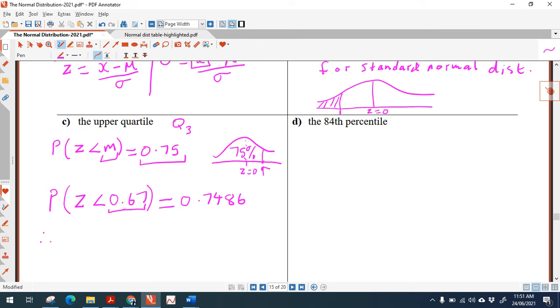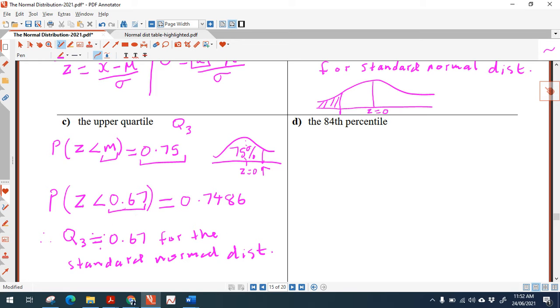So therefore, we can say that Q3 is approximately 0.67 for the standard normal distribution.